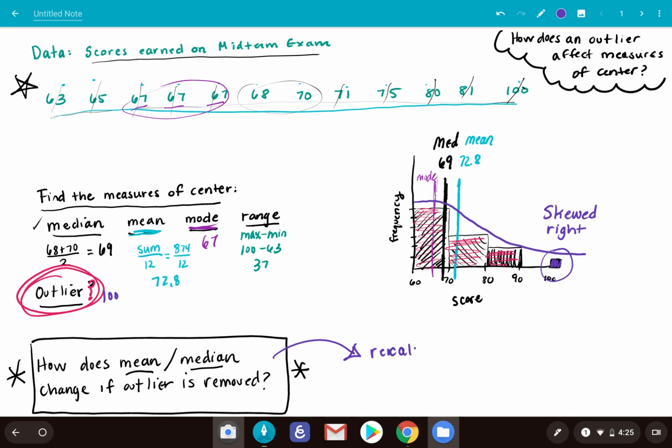So let's see what happens to our mean and our median if our outlier is removed. What we're going to do is recalculate the mean and the median without the 100.